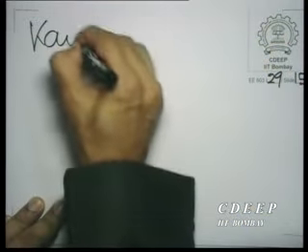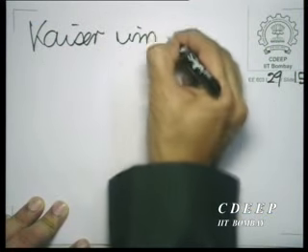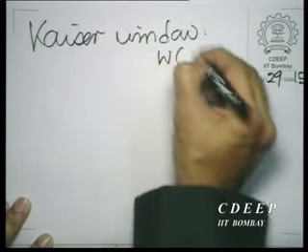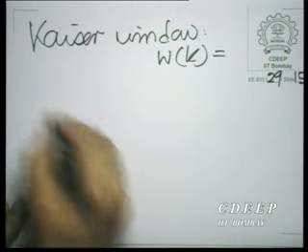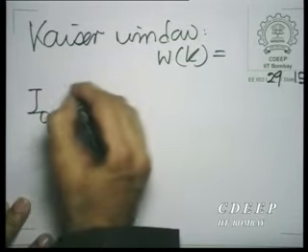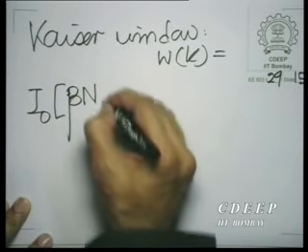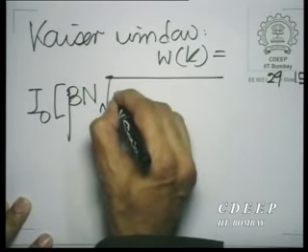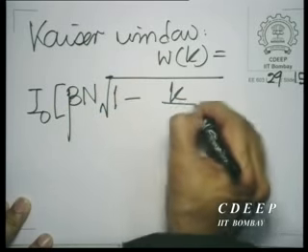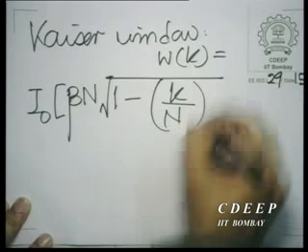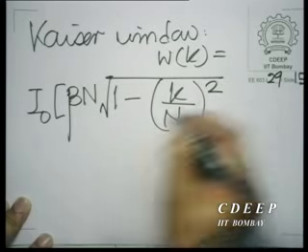So this Kaiser window is described by w[k] equal to I0 of beta times square root of 1 minus (k by N) the whole squared, divided by I0 of beta, with beta always greater than 0. That's a complicated expression, but let's not bother too much about it.